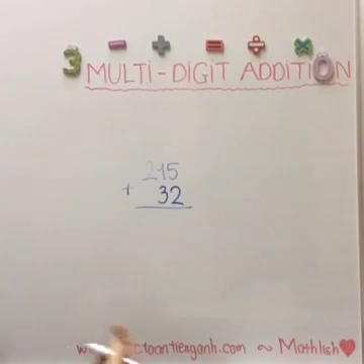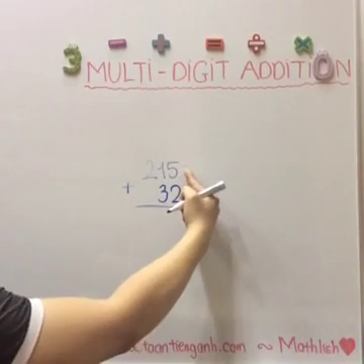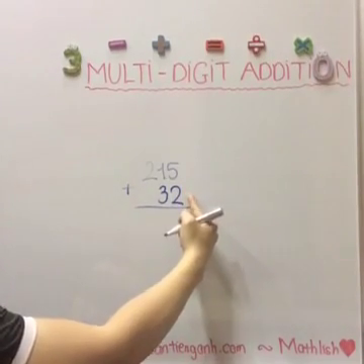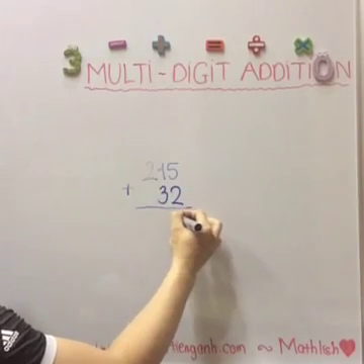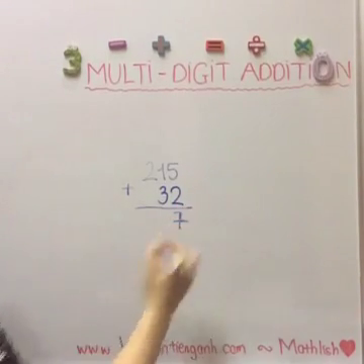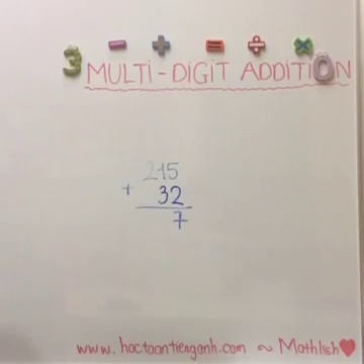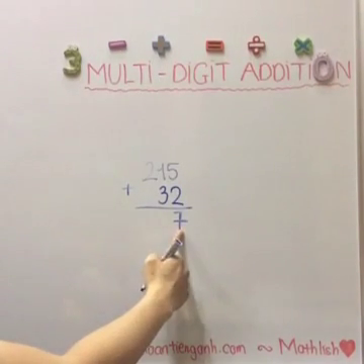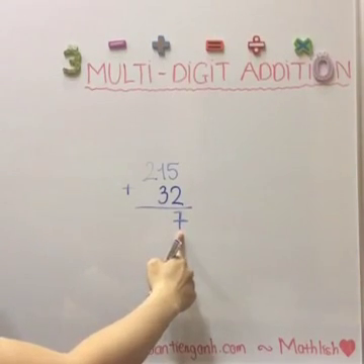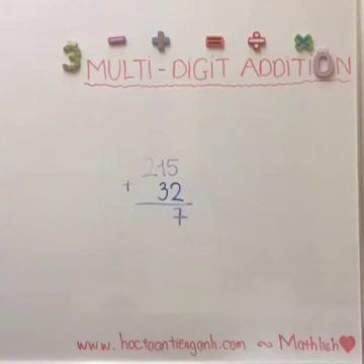In the ones places, we have 5 plus 2, which equals 7. So we put a 7 in the ones place of our answer, which is just below the line.